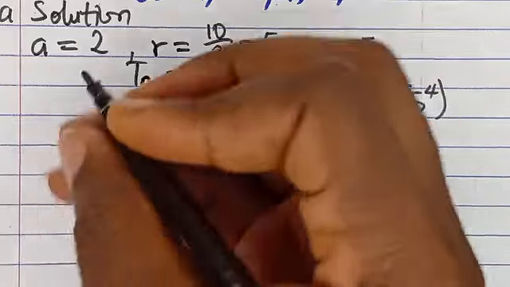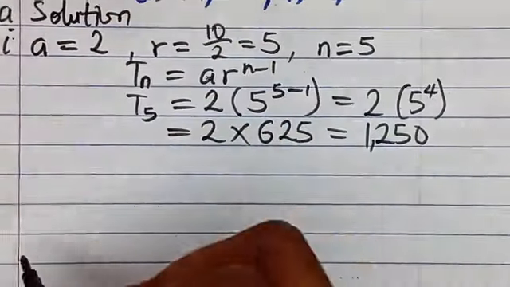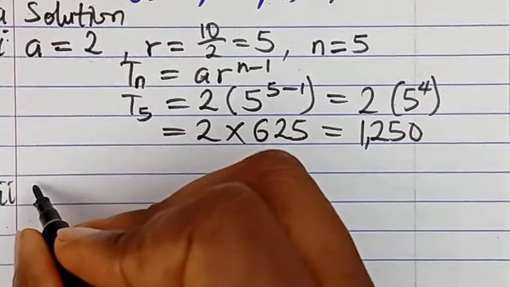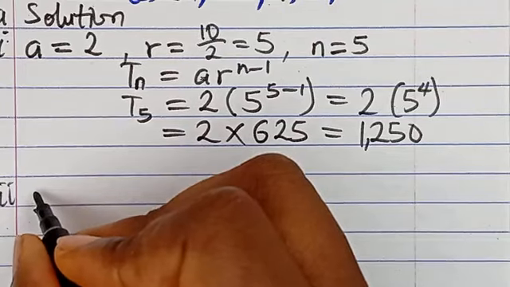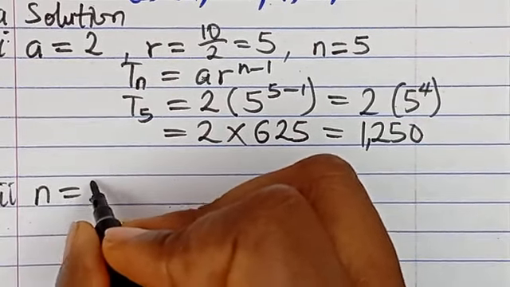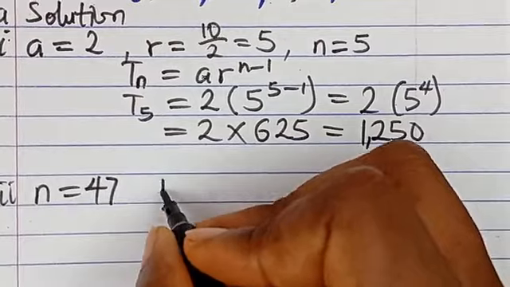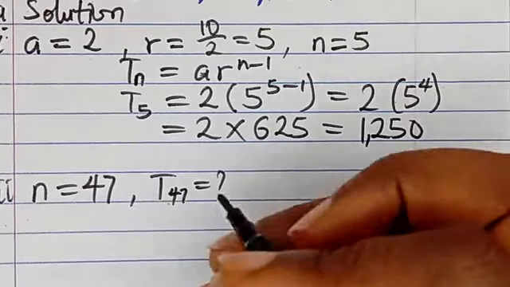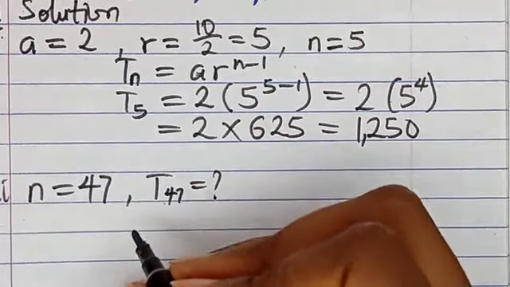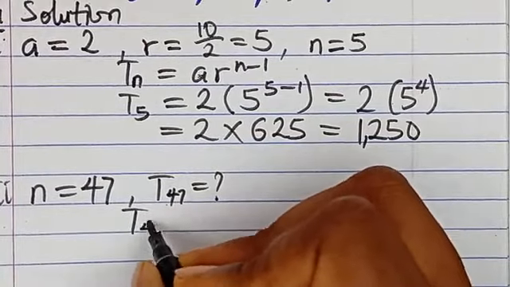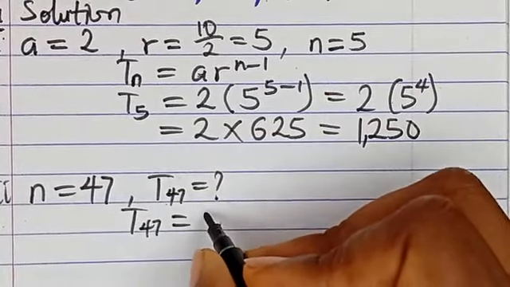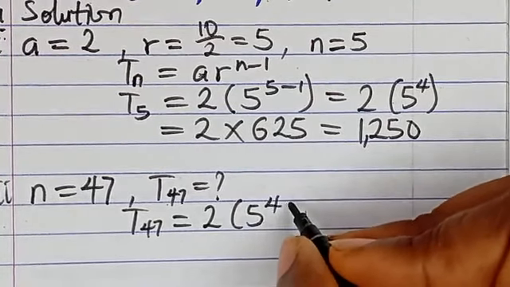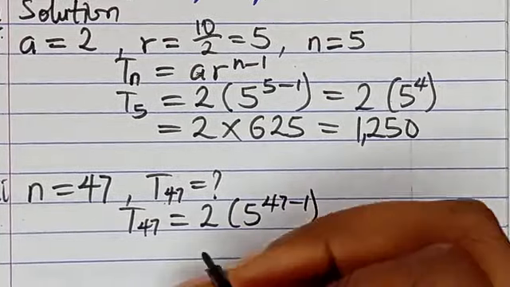Okay, so we go over to the second thing we are tasked to find out from this GP. The second thing is the 47th term. So n is equal to 47. Substituting into the general formula, term number 47 is equal to the first term, which is 2, into 5 raised to the power 47 minus 1.